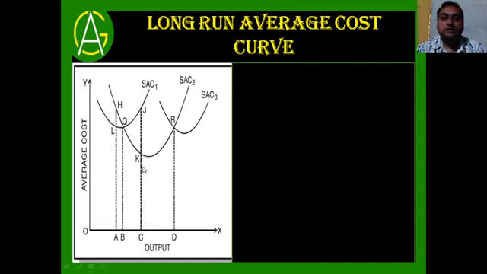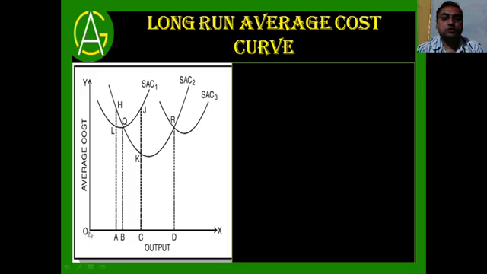We can compare this. If we produce on plant 1, the cost will be higher by JK. JK will be the higher cost. So we should produce on plant 2 rather than on plant 1, because plant 1 incurs higher cost by JK.